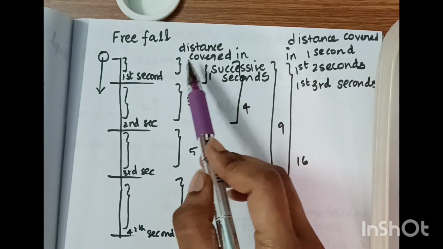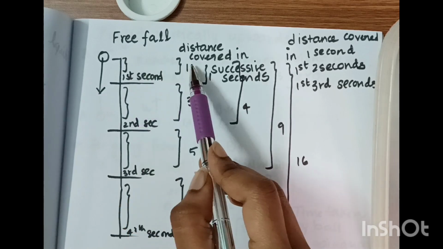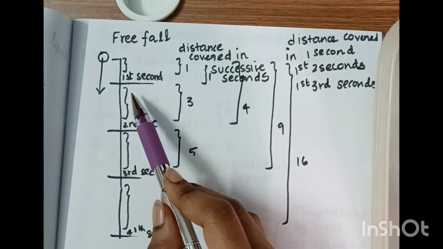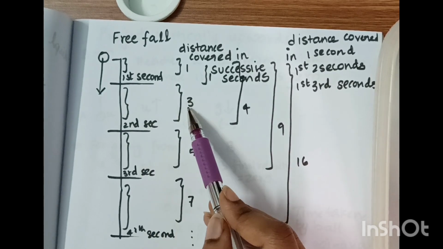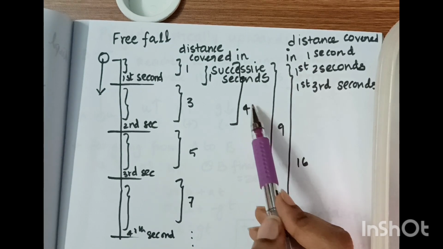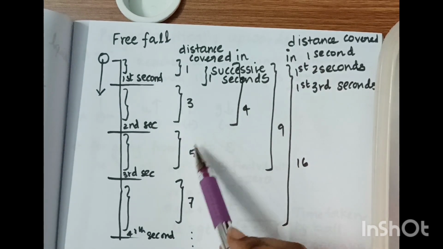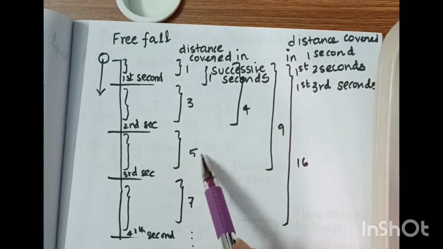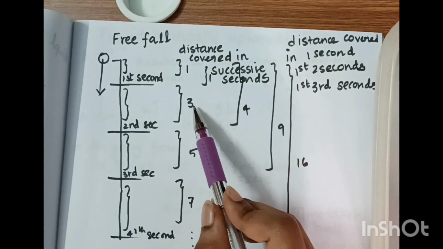Now let us see. In the first second it is covering 1x distance, or 1. In the second second it is covering 3. So totally in 2 seconds, 3 plus 1, 4. So this is for the first 2 seconds. In the third second it is covering 5x. That means first 1 second, 2 seconds, 3 seconds.